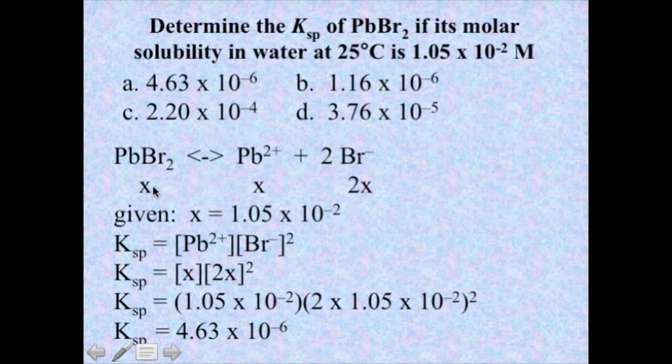And therefore the stoichiometry is 1 to 2. Lead ion is X, bromide ion is 2X squared. So now we can calculate the solubility product because we know that X is 1.05 times 10 to the minus 2. We plug that value into our expression here, and we get the solubility product of 4.63 times 10 to the minus 6.